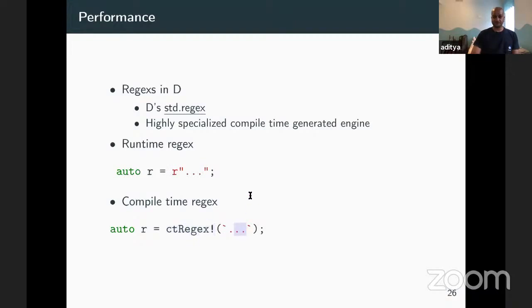That's the only difference. And the idea is that if you use the compile time regular expression, it generates super specialized, highly efficient regular expression engines just for that thing that you passed in. So this isn't a general regular expression engine. This is one that's completely specialized to the regex that you are interested in. So in theory, much, much faster.